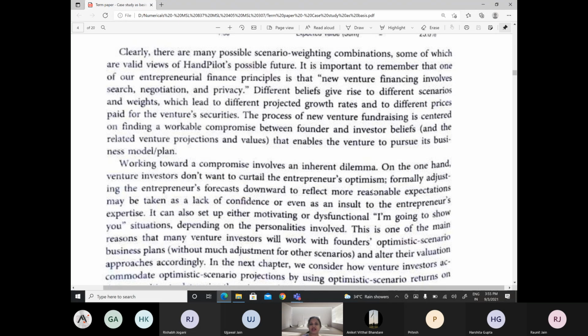Different beliefs give rise to different scenarios and weights, which lead to different projected growth rates and to different prices paid for the venture securities. The process of new venture fundraising is centered on finding a workable compromise between founder and investor beliefs and the related venture projections and values that enables the venture to pursue its business model or plan.